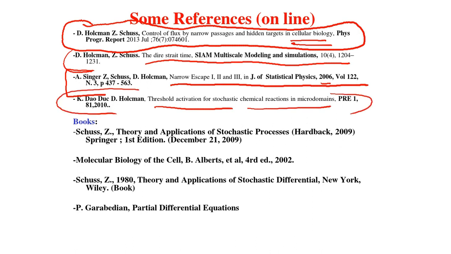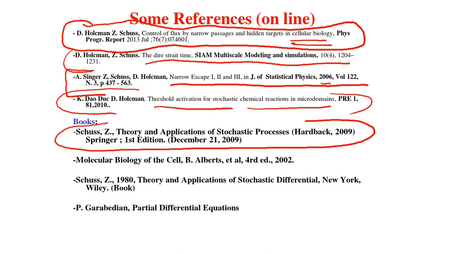And in terms of books, I think a good summary of what is going to be presented here, although it's not covered, but to have the essence of some proofs and other references, I invite you to really look at the book of Zeev Schuss, Theory and Application of Stochastic Processes.